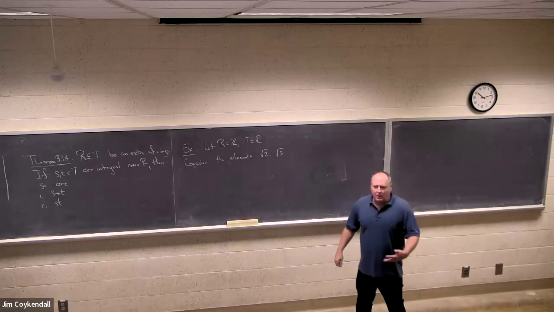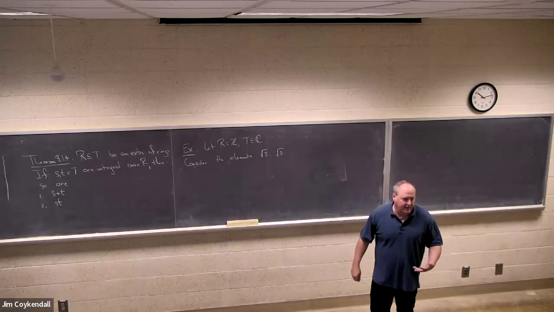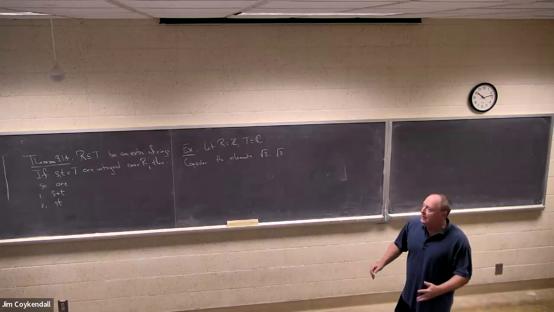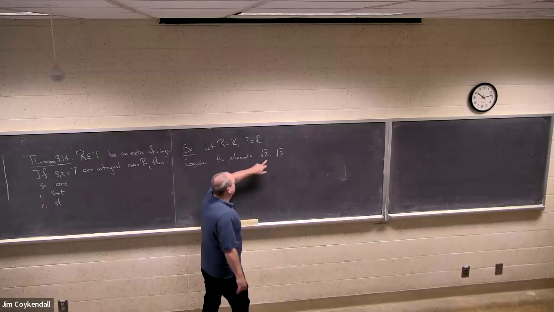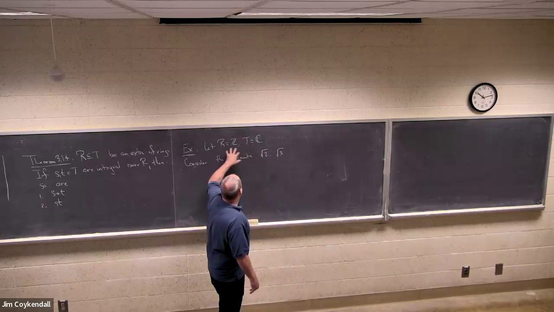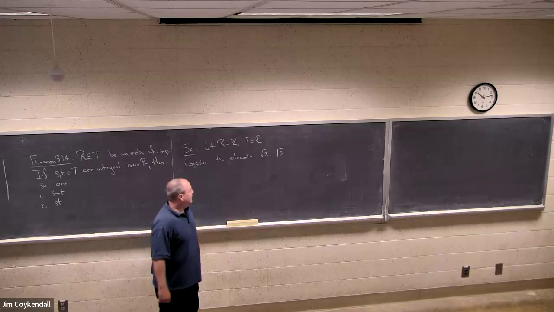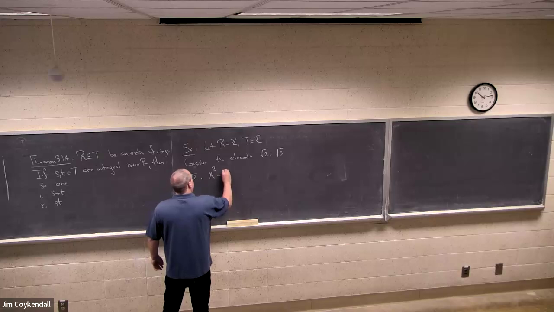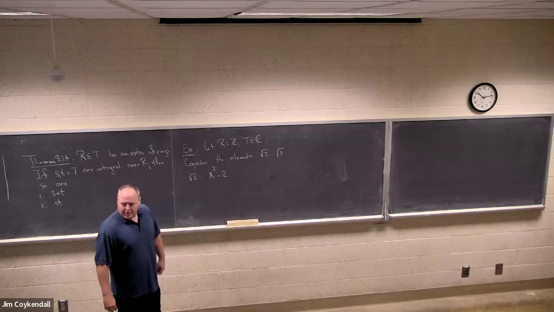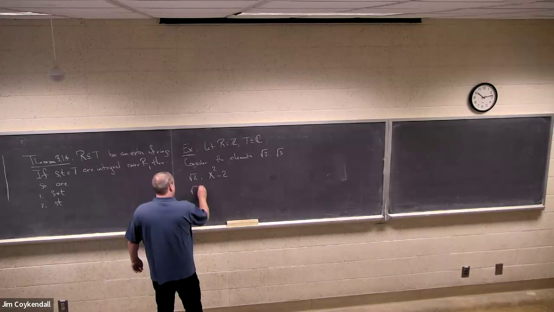Let me underscore that this is actually an easy example in a certain sense, right? Because would everybody agree that both of these elements are integral over Z? Radical 2 is a root of a polynomial with integer coefficients.